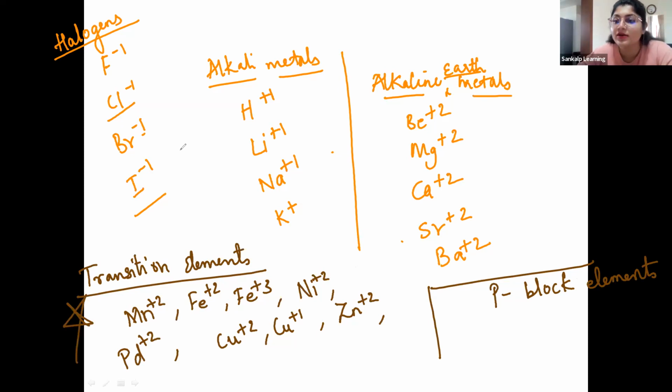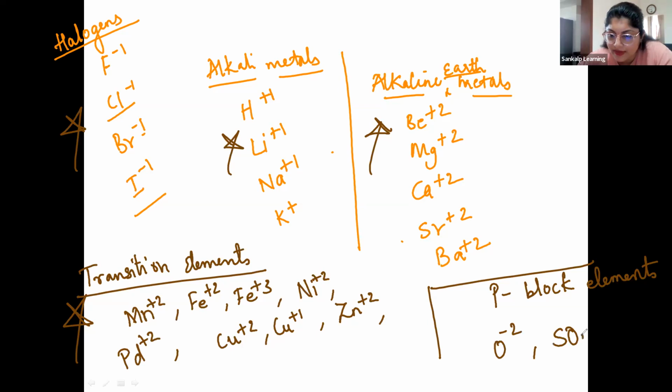So this you will not use so much now. For whichever you are using, this will be important. Oxygen will be -2. Sulfate you can write SO4 -2. Aluminum is Al +3.